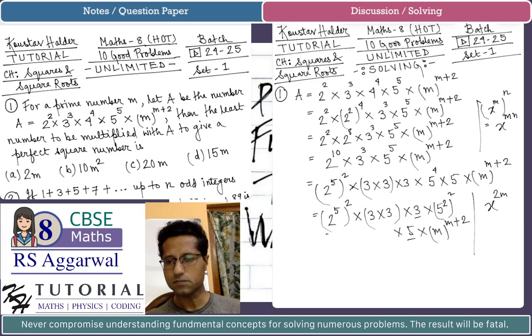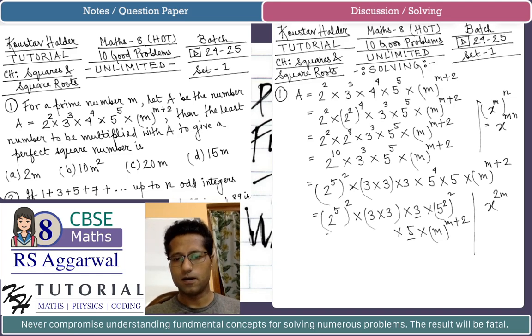Every other factor is part of a pair. This is a pair because it is a power of even: 2 to the power 5 is a number, and it is a square of some number, so it can be considered as a pair of equal factors, where the equal factor is 2 to the power 5. 3 into 3 is a pair. 5 square to the power square is also a pair, where the equal factor is 5 square. Now 5 is left behind, 3 is left behind.